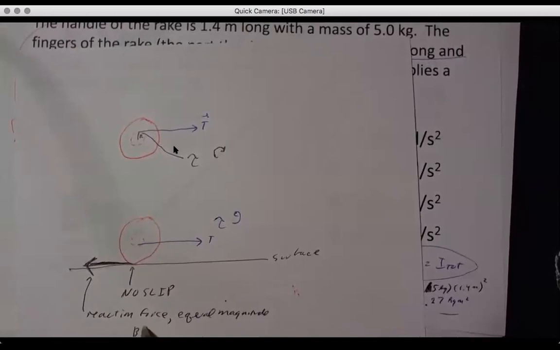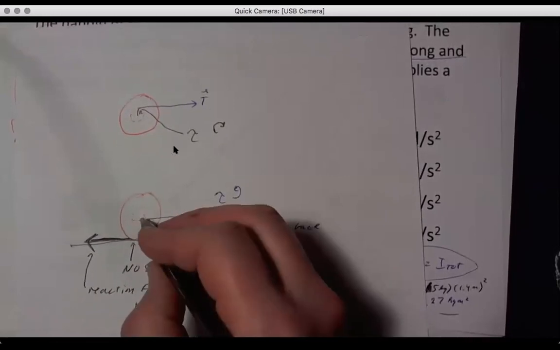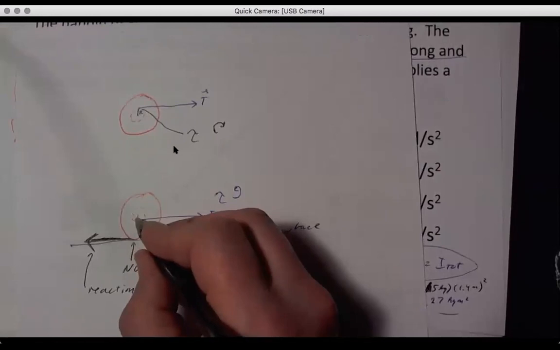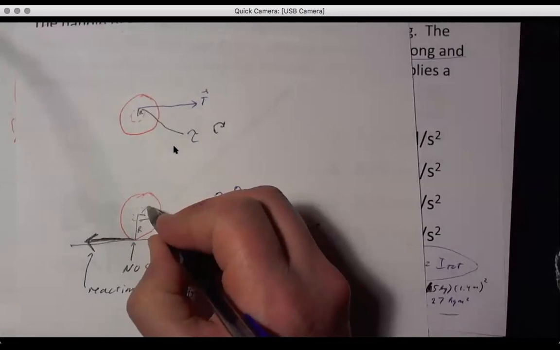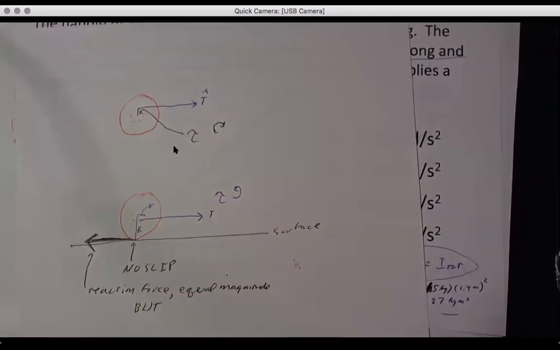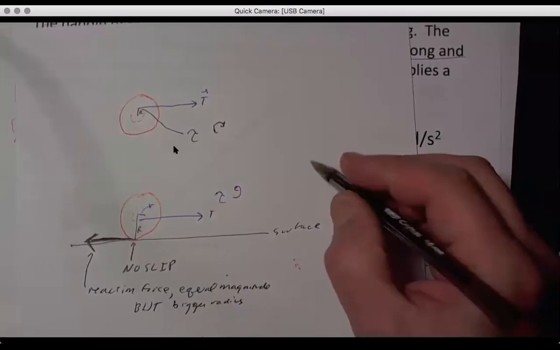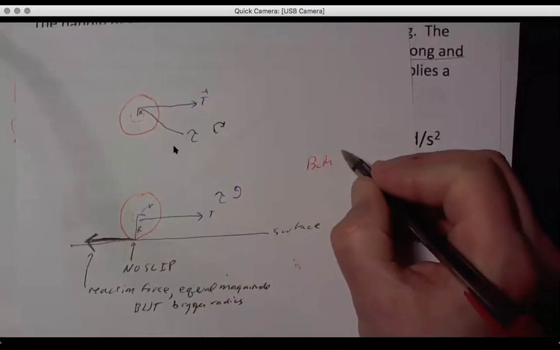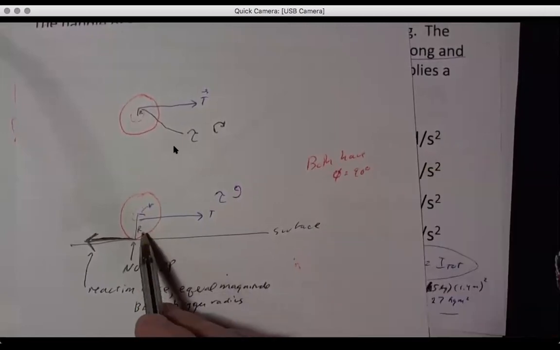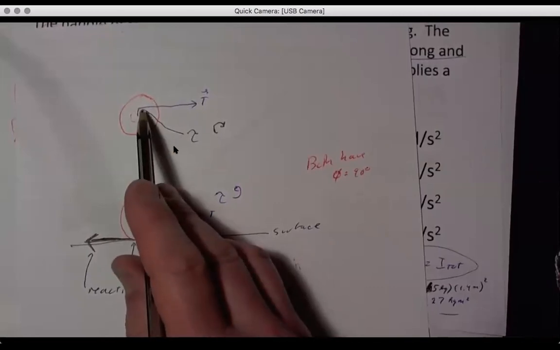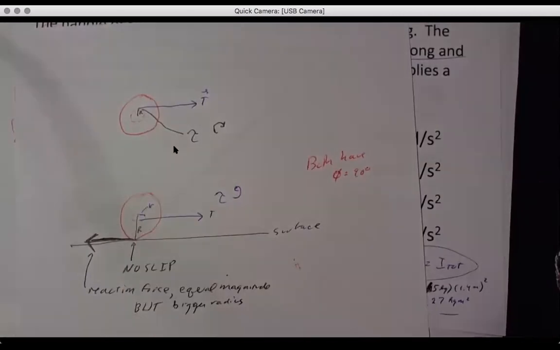But this radius here is bigger than that little radius there. Both, by the way, are 90 degrees. In fact, whenever you get a string pulling on some kind of axle, it's going to be at 90 degrees, because if it wasn't, it would unwrap till it was.